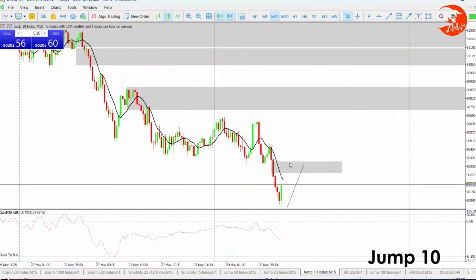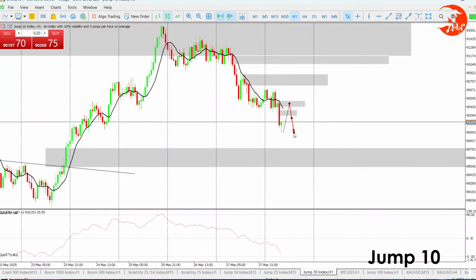So we have two levels, this fair value gap and that order block, price to react back to. Yes, yeah, so that's how I'm going to be looking for this kind of trade. Then I can look for that kind of move to bring me back here and also here.